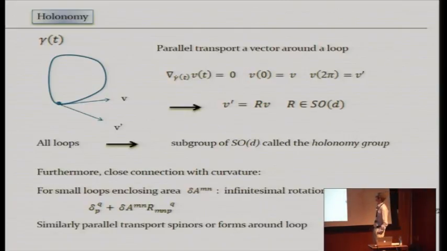So how did that story work? Okay, well, just give me a general manifold M, and let's say it is d-dimensional. And let's consider a loop which is based at some point P in the manifold M. So this loop is parameterized as a curve called gamma(t). Okay. And now, if you give me a tangent vector, then I can parallel transport it around the loop.